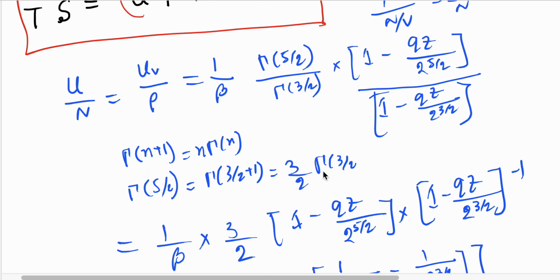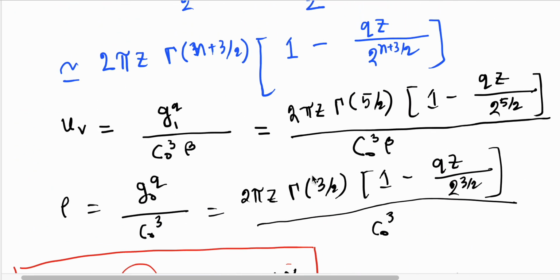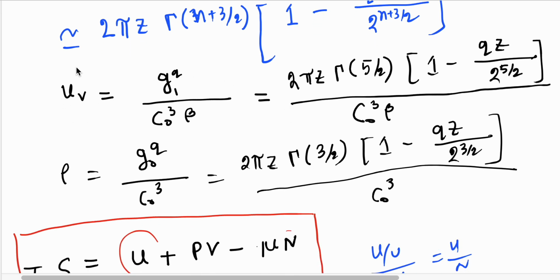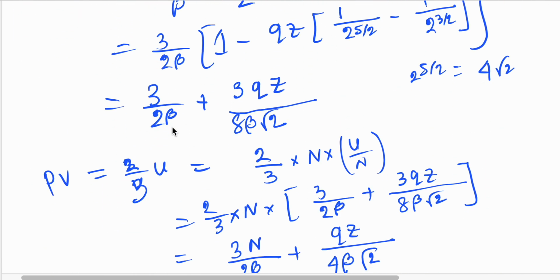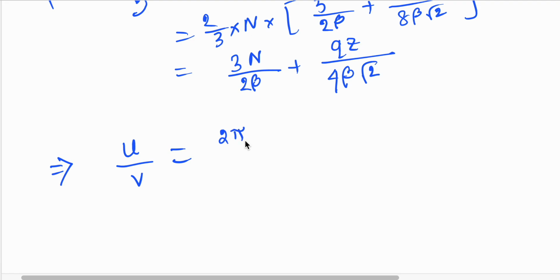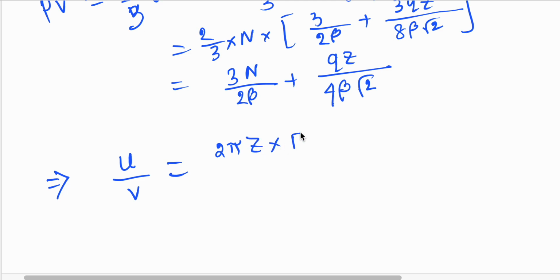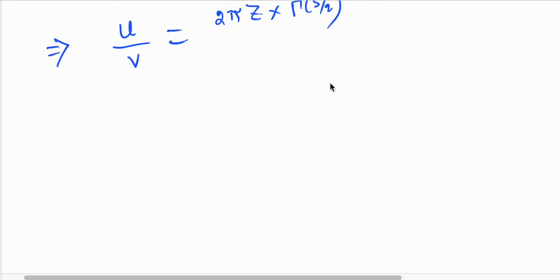So we know already u and v, and we actually want to know the value of z. To know the value of z, we will use the expression for u by v, which is equal to 2 pi z into gamma 5 by 2 into c0q into beta.